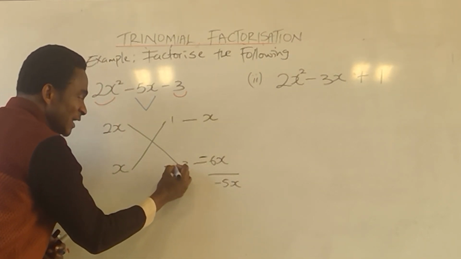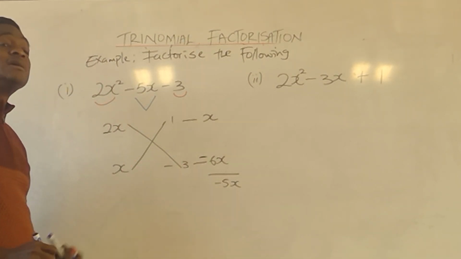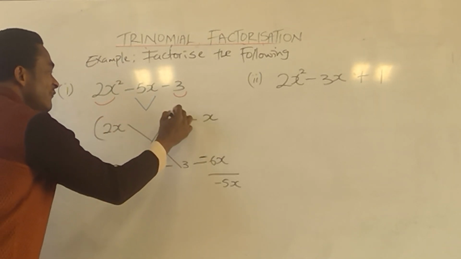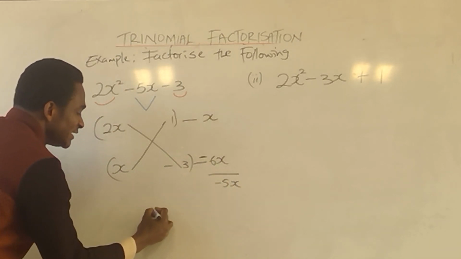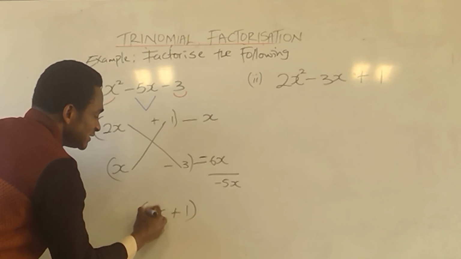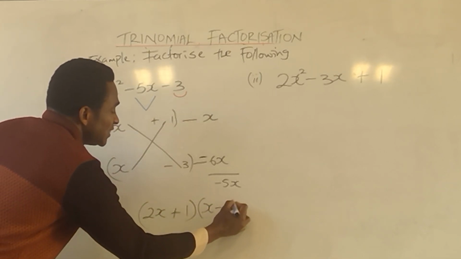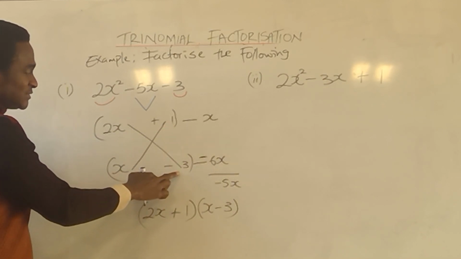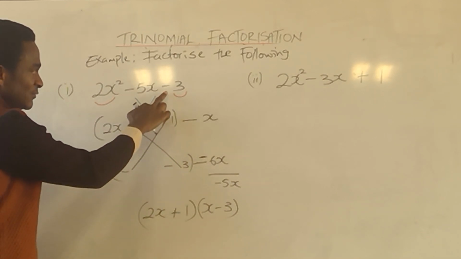And then we now understand that the 3 is the one that will go with the minus. So we can now pick our factors from this. The factors will be 2x plus 1 and x minus 3. If you look at this critically, you'll see that 1 times -3 will give us -3.